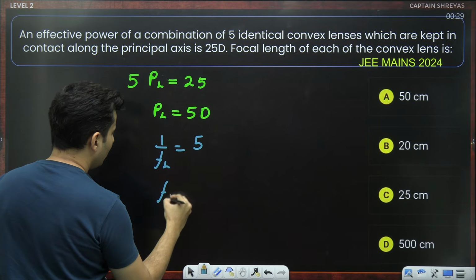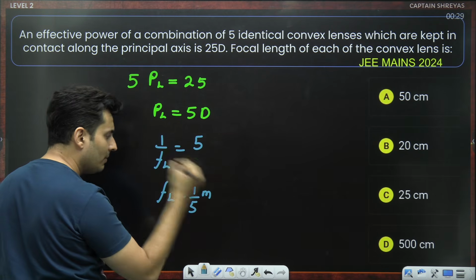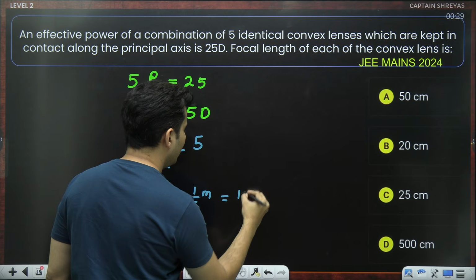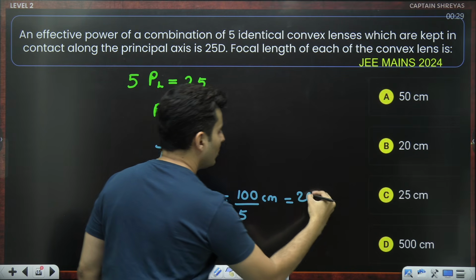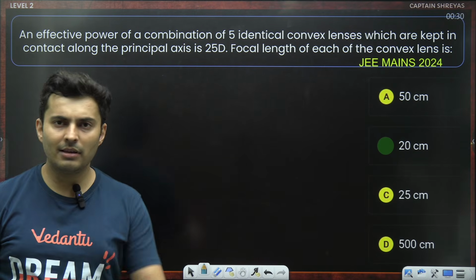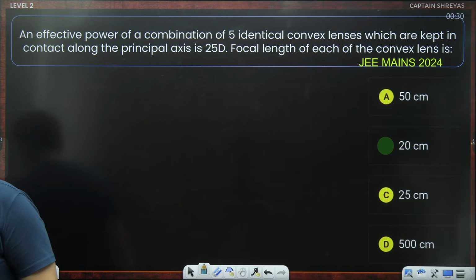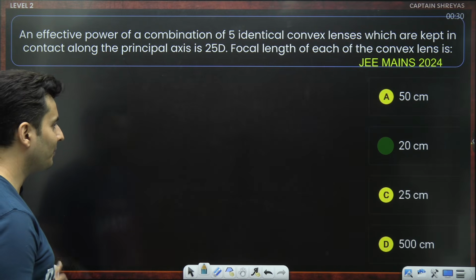So therefore, the focal length is 1 by 5 meters, because diopter is an SI unit, meter is also an SI unit. Converted into centimeters by multiplying by 100, which is basically 20 centimeters, which is B for IIT Bombay. Very simple and sweet question, right? Everybody would crave or hope that we get such a question in the examination.